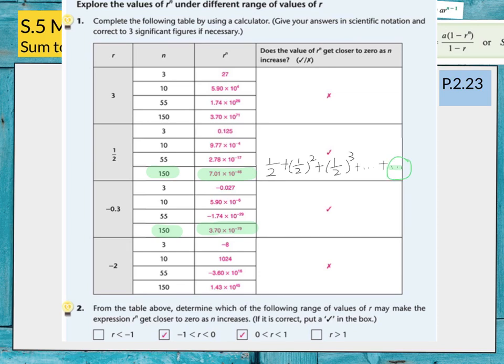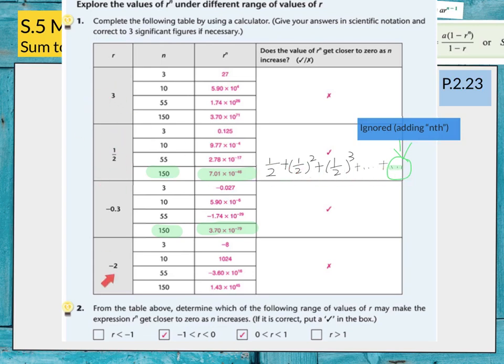You are almost going to add nothing at last, because this one is very little, so you can ignore it. So when you're almost adding nothing, that means we can add all the terms in this sequence.